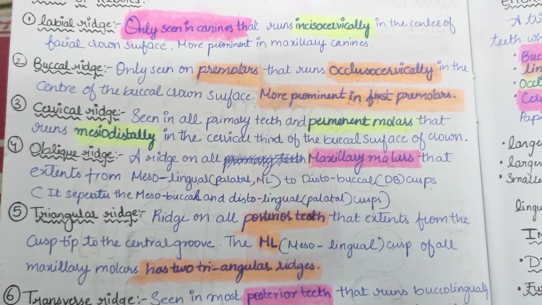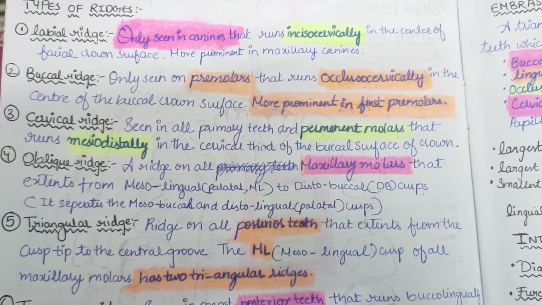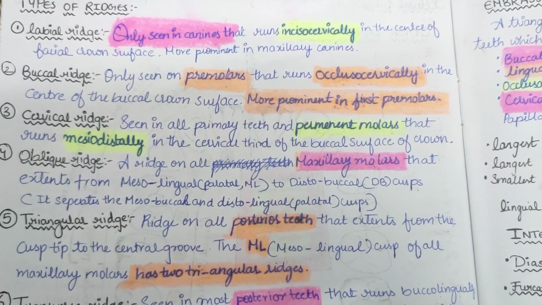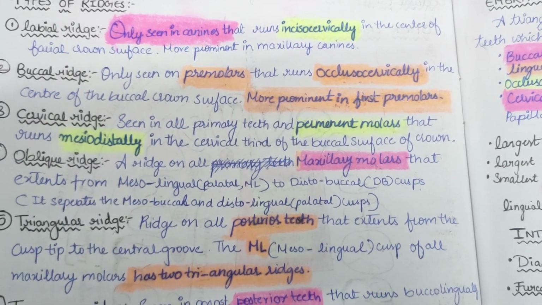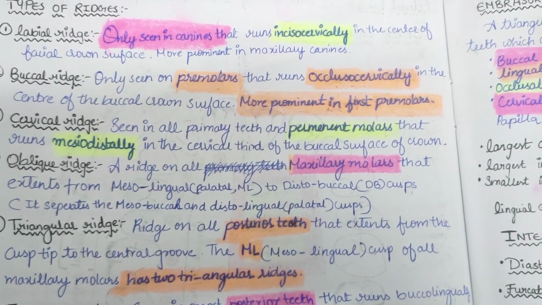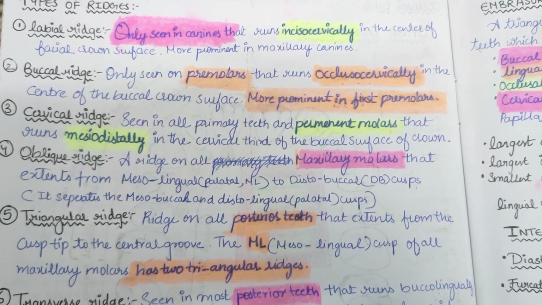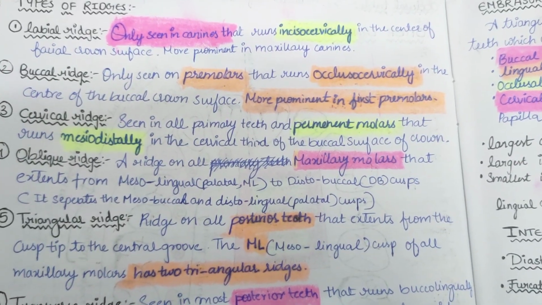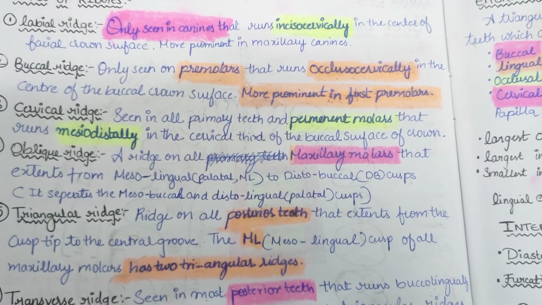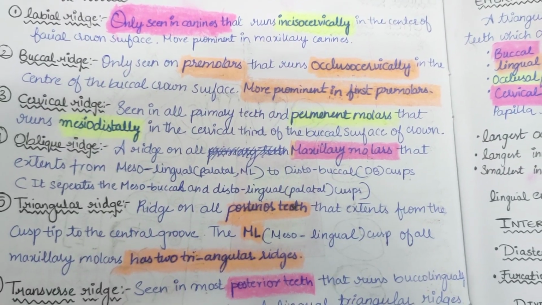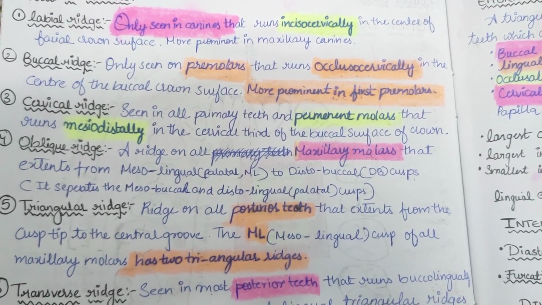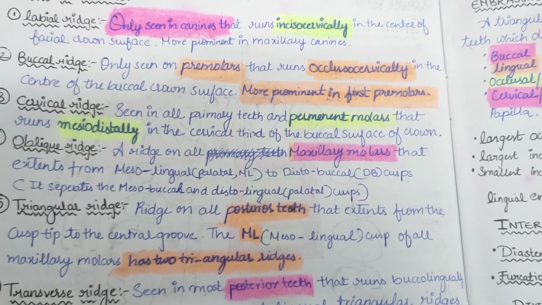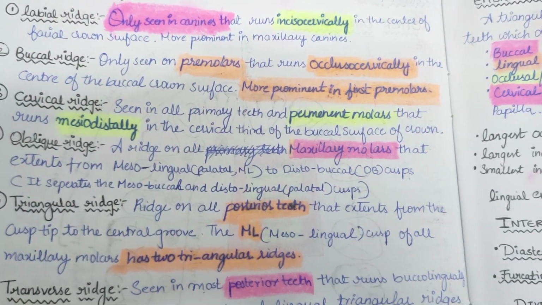Then the cervical ridge. They are seen in primary teeth and permanent molars and run mesiodistally in the cervical third of the buccal surface of the crown. Then the oblique ridge, a ridge on all maxillary molars that extends from the mesiolingual, we can say palatal, because we have palate, not tongue in the maxillary part.